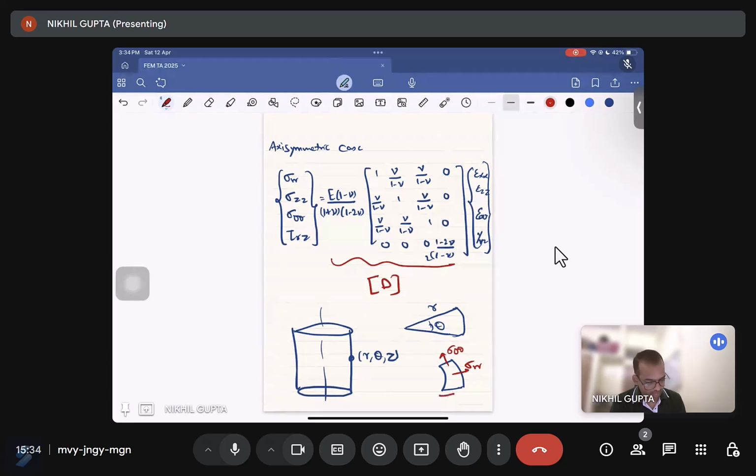Then tau rz will act like this, and one stress will act outward to the paper, which will be sigma zz. These are the approximations we take in the 3D problem to make it simpler for the case of axisymmetry.